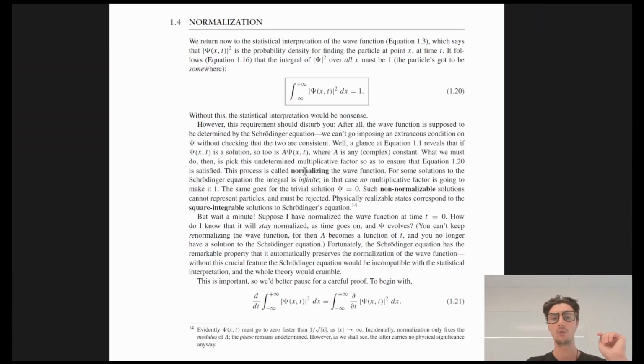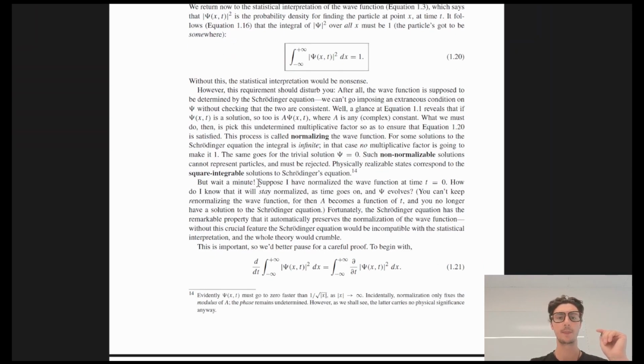This process is called normalizing the wave function. For some solutions to the Schrodinger equation, the integral is infinite. In that case, no multiplicative factor is going to make it 1. The same goes for the trivial solution, psi equals 0. Such non-normalizable solutions cannot represent particles and must be rejected. Physically realizable states correspond to the square-integrable solutions of the Schrodinger equation.